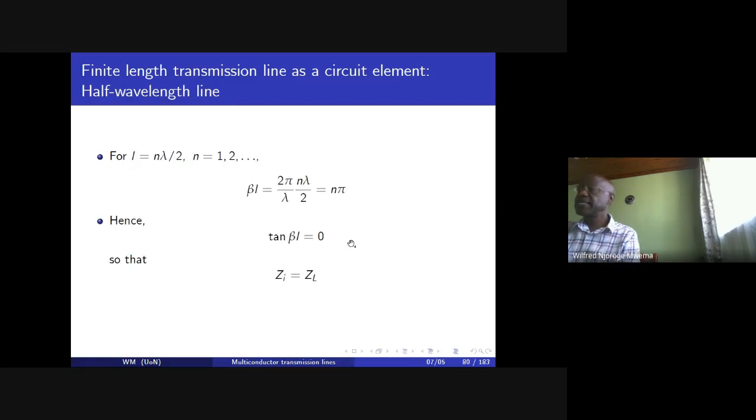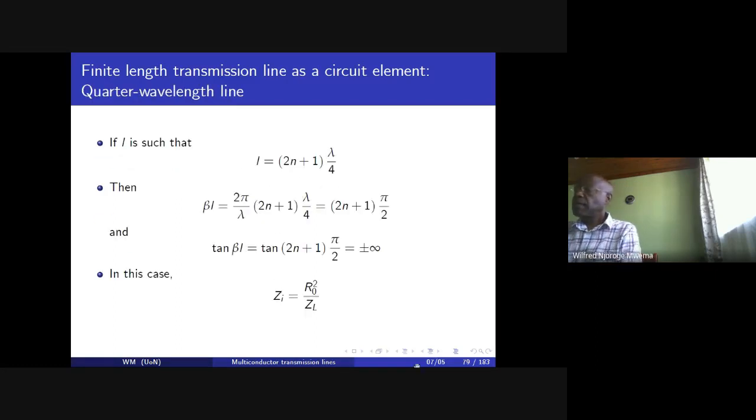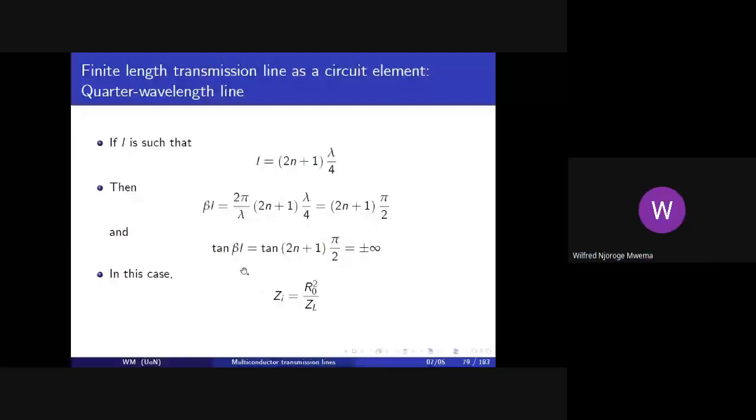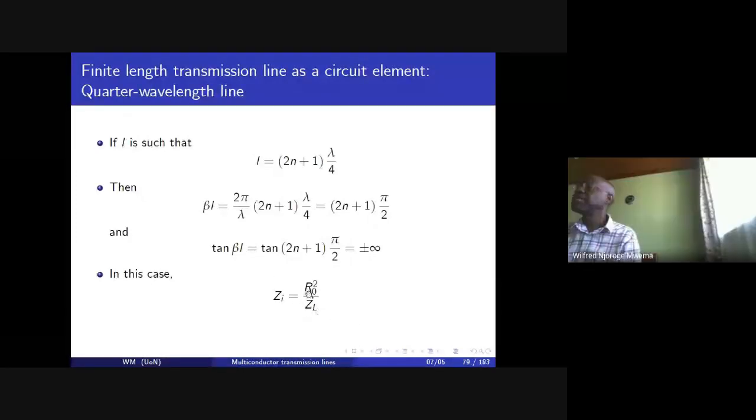The other time, there's a transformation of the load. So what we can say is the following. For this particular case of lambda by 4, if the line is terminated in a short circuit, the impedance the generator will see will be an open circuit. It will assume that it's terminated in an open circuit. Now, if you make ZL an open circuit, the generator will see a short circuit.